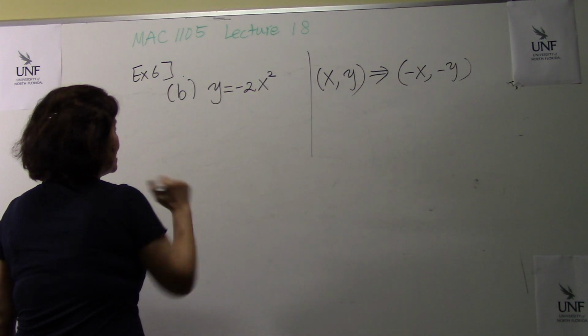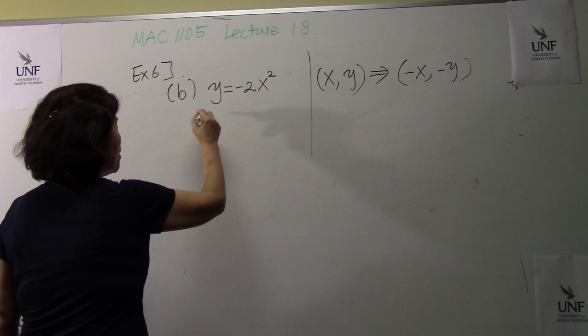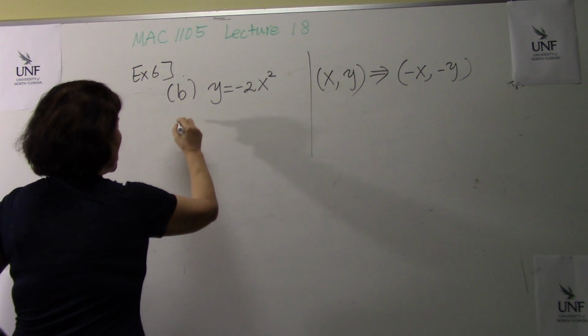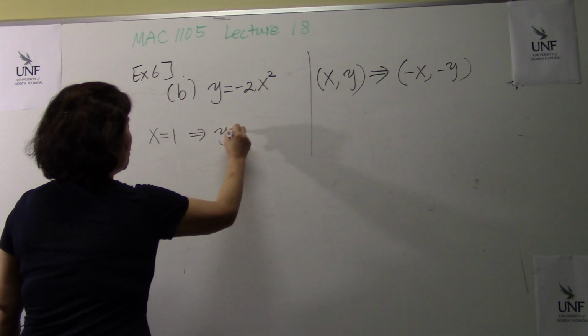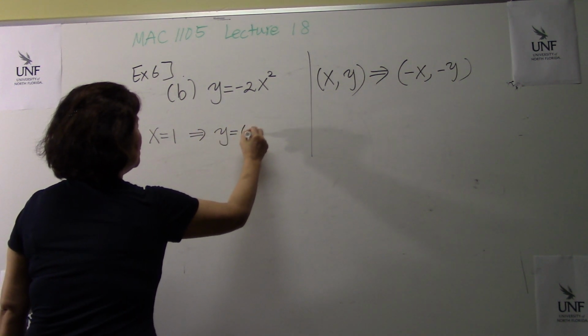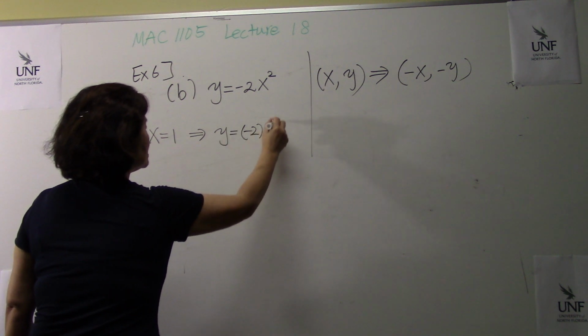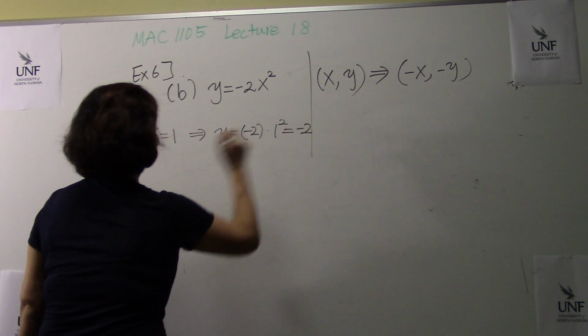Well, let's select. When x equals positive 1, what is y? y equals negative 2 times 1 squared, which is negative 2.